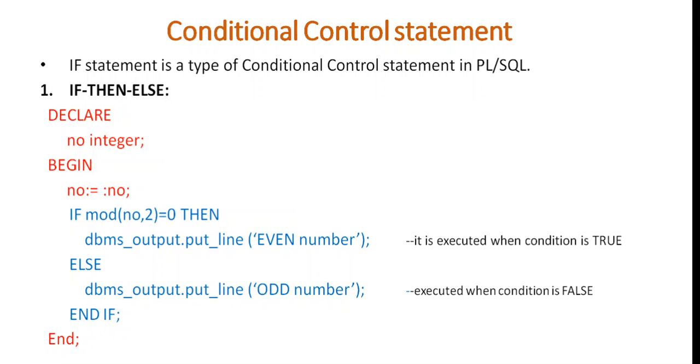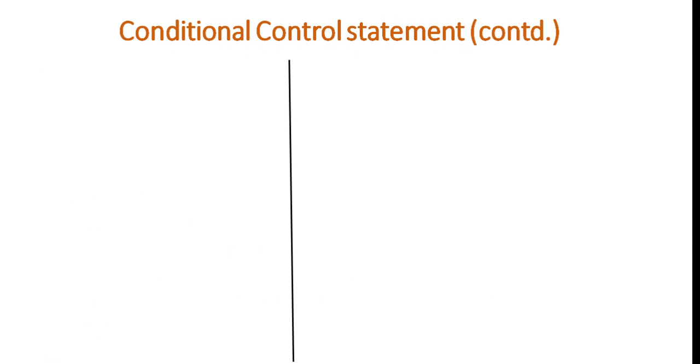If mod(number, 2) equal to 0, if this condition is true, then the statement written in the if part will get executed, and if this condition is false, then the statement written in the else part will get executed. So this is the if then else statement in PL/SQL.